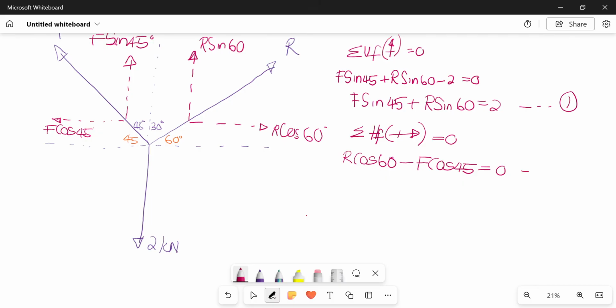Then that is our second equation on there. Then you essentially want to sum up equations 1 and 2.